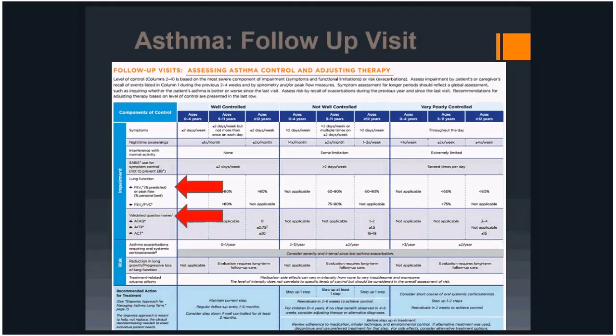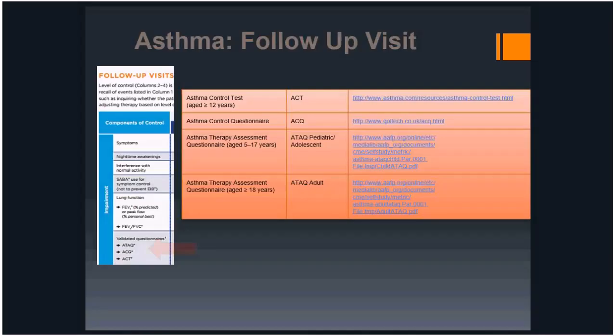So when we look at the two things that are most different when you're assessing control and adjusting therapy, this is where you're going to be looking at peak flow and, as mentioned, the questionnaire. I want to highlight these two things. The questionnaires, there are a number of tools that can be used.